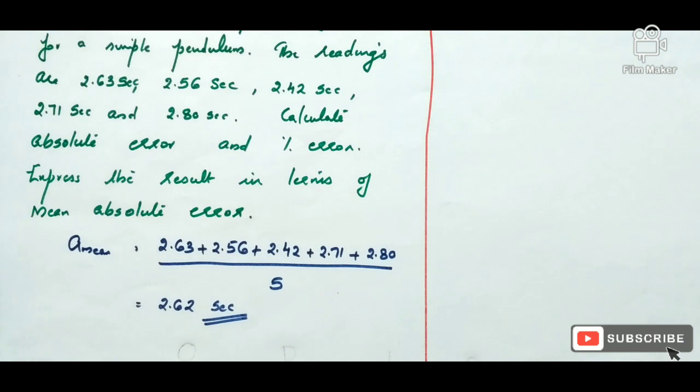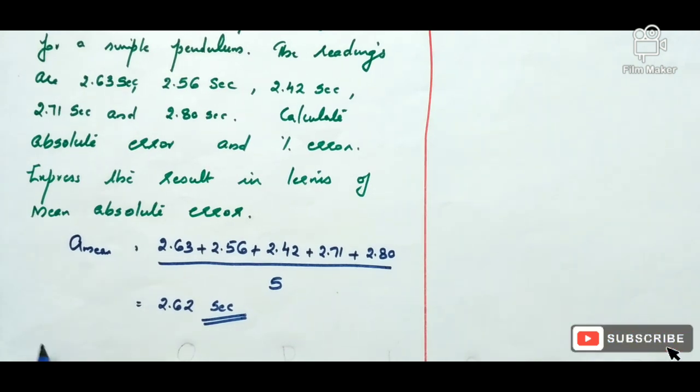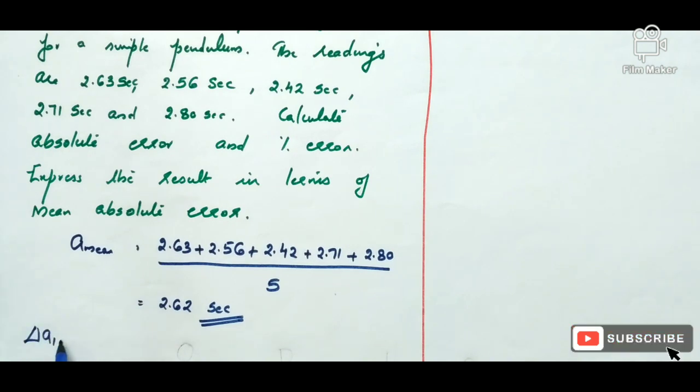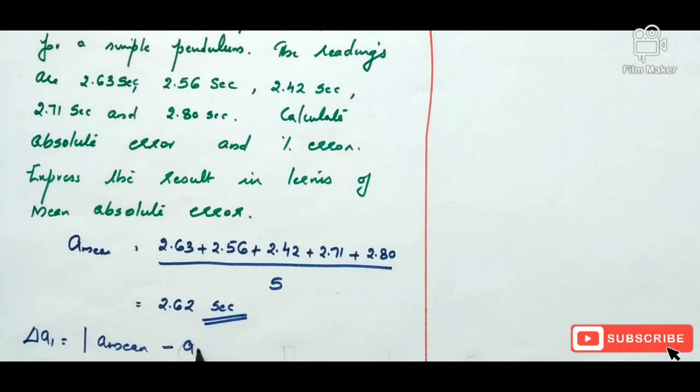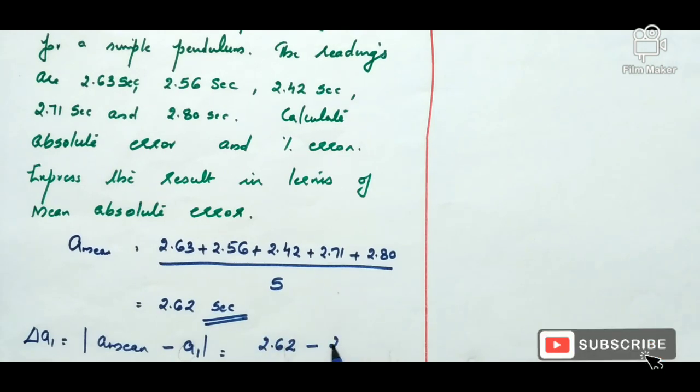That's the mean value. Now we can find out the absolute error in each observation, that is delta A1. Delta A1 is A mean minus A1, isn't it? So it is 2.62 minus 2.63, which is equal to 0.01 second.